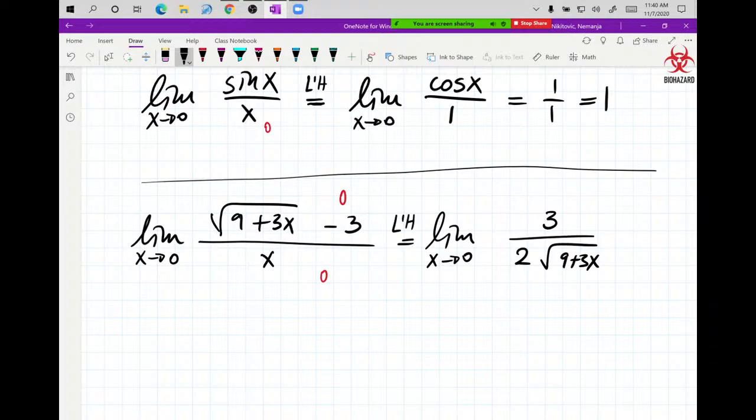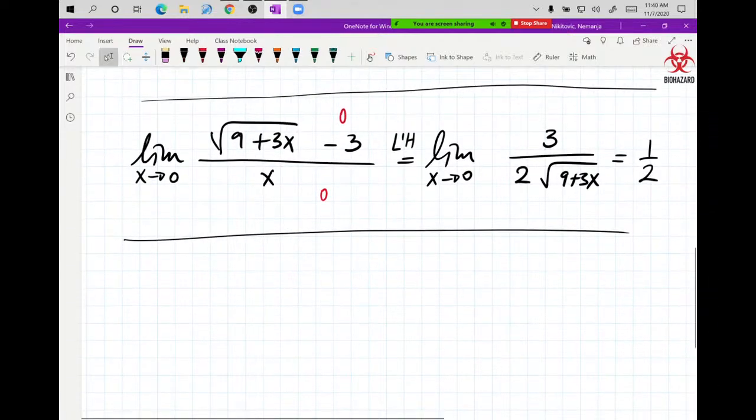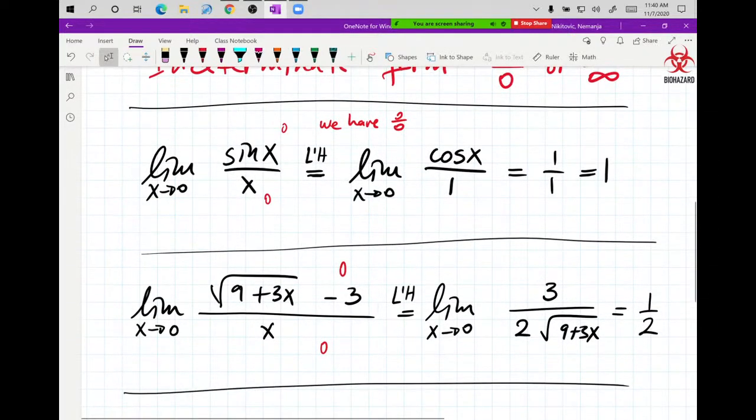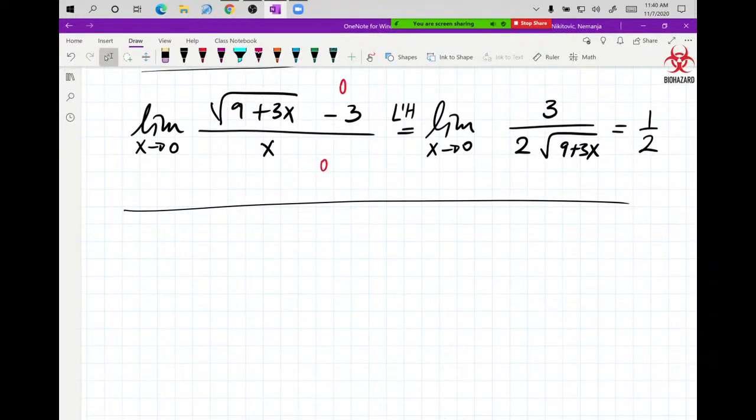So now I can try and plug in 0, and what you get is a half. So the limit is 1/2. And you would go, wow, isn't that cool that we get 0 divided by 0 and now it's a half, and earlier 0 divided by 0 was 1, and so on. Obviously it depends on the function.